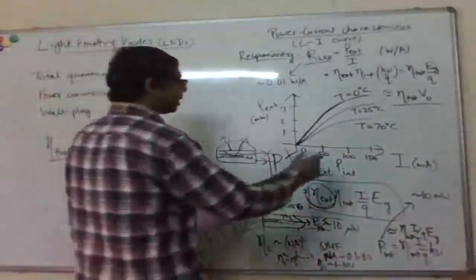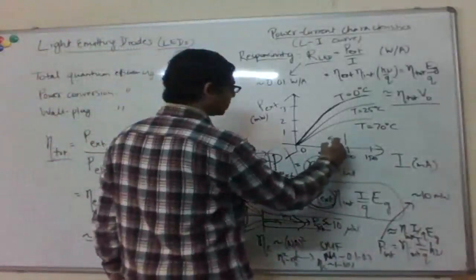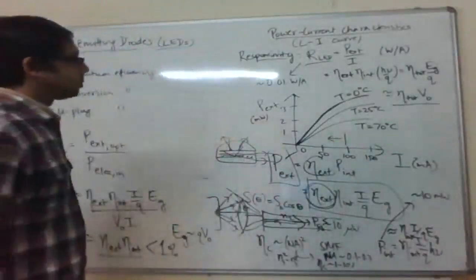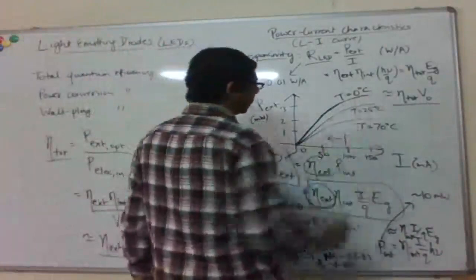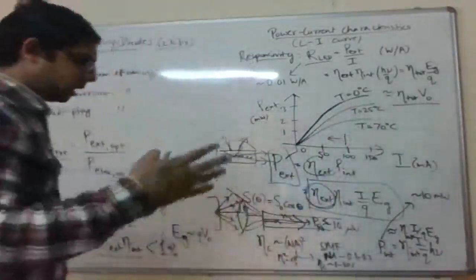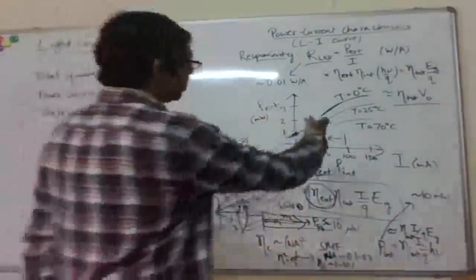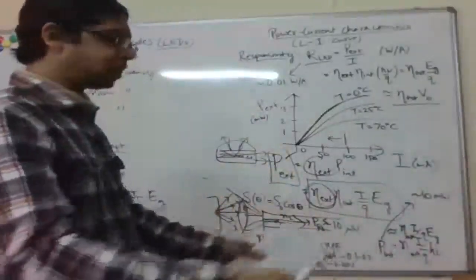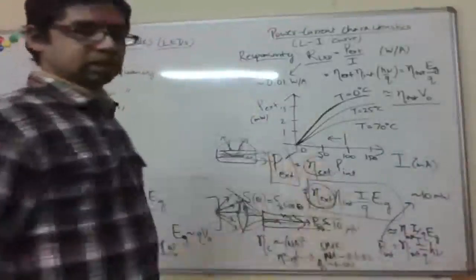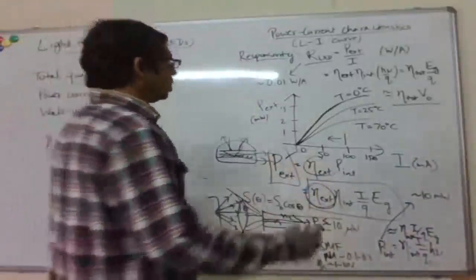Typically operating currents are in this range. Beyond this, you can see that it's saturating, and if you operate beyond this region you are actually damaging the device because you're creating more and more defects, and over time the device will fail.